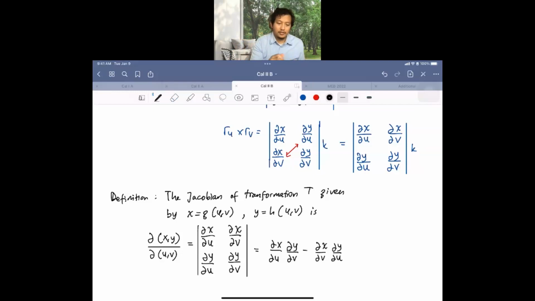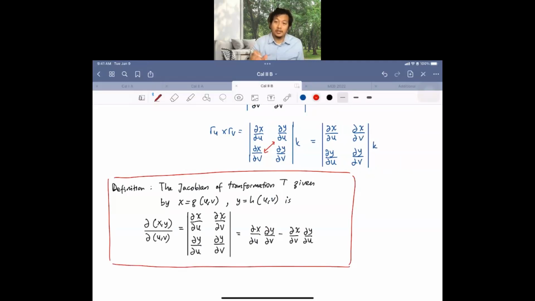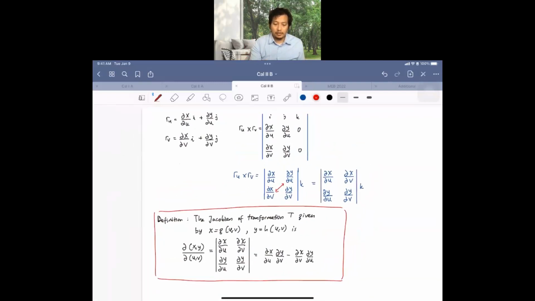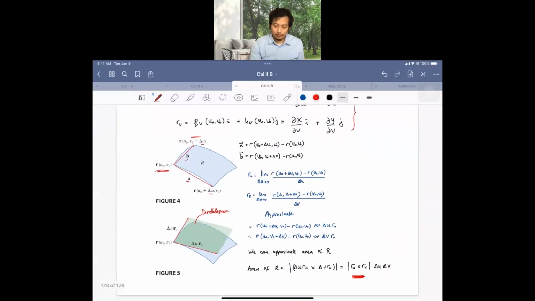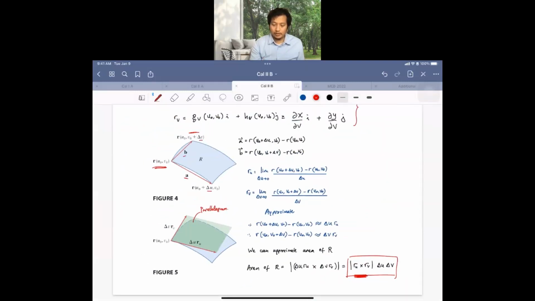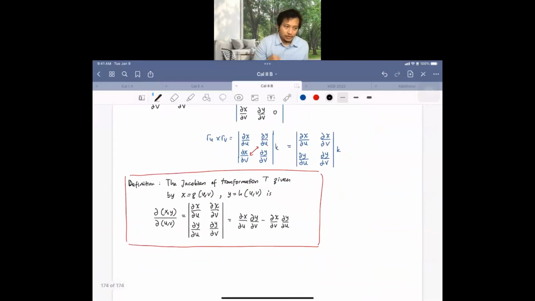Now back to the parallelogram. This is just the cross product, and the cross product itself we call a Jacobian. Now back to the area of the parallelogram here. This is what we are going to observe and construct next. So we can write down the area of the parallelogram as delta A, since we are going to make it small pieces.